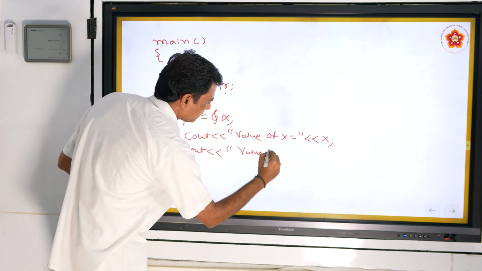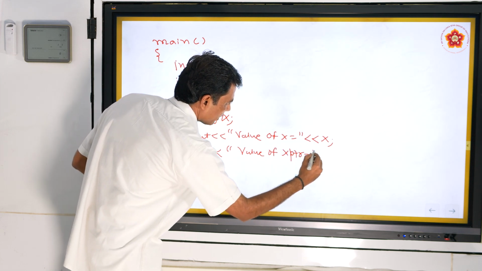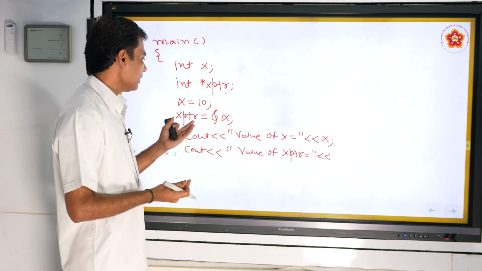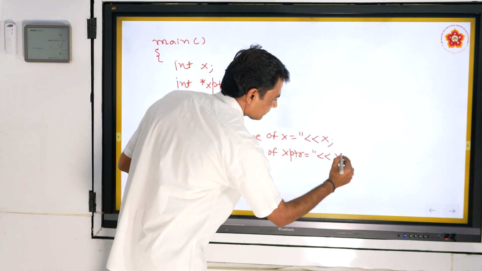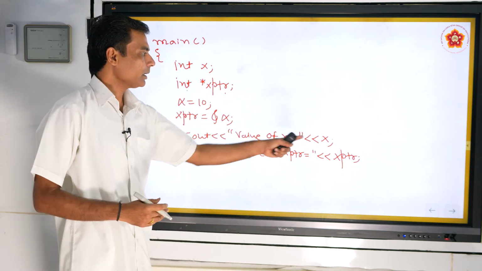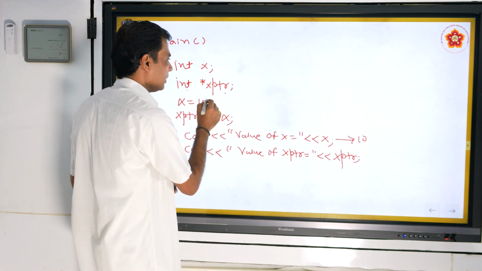The value of xptr is equal to, and here the way I write it, simply the variable name, xptr. So it will print the value 10, which we have initialized here.